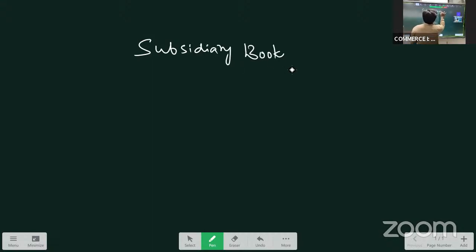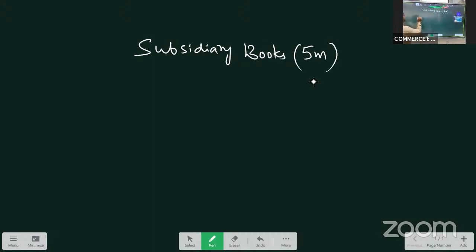So, in our previous class, we discussed the topic subsidiary groups, the weightage for which is 5 marks. One problem will be coming for 5 marks.